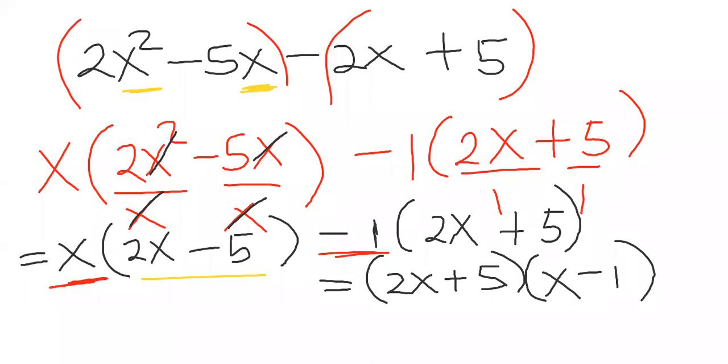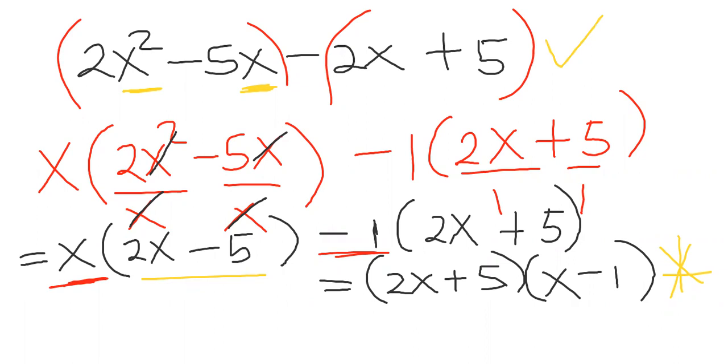Remember what I said when we started this topic. I said, if you have factorized correctly, the final answer that you get should be in such a way that if you expand it, you are going to get the initial expression, the initial question that you were given.